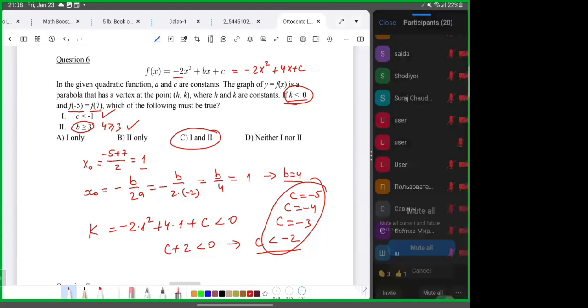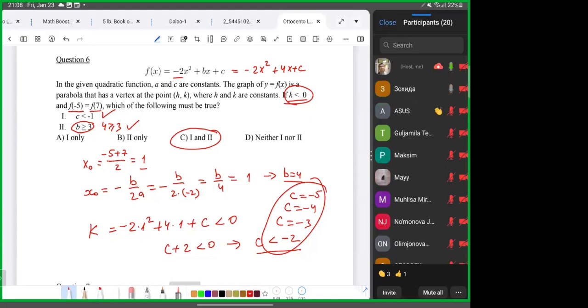Assalamu alaikum, teacher. Walaikum assalam. Yes, Zahida? I want to ask a question about DESMOS. When I solved one problem, DESMOS said that A and B are constants given in the problem.